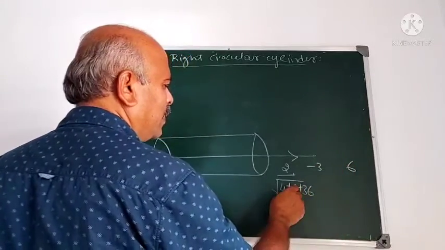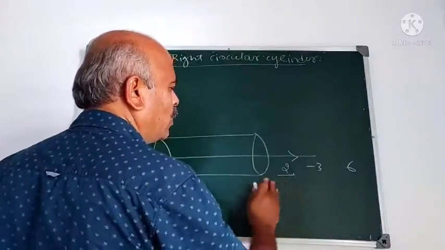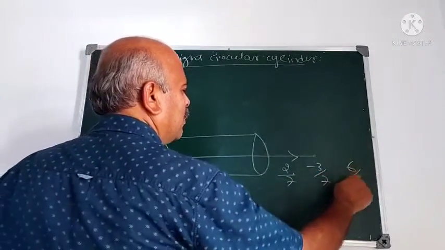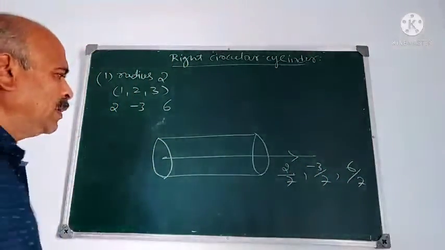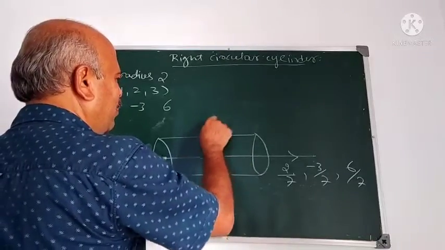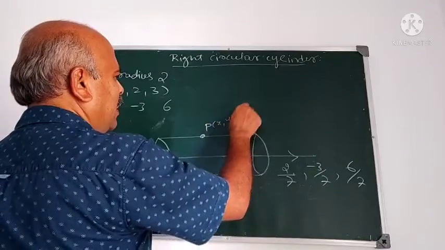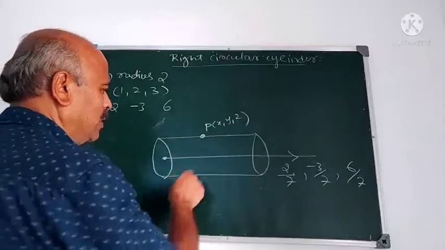What is this? 49, 7 it is. Therefore, 2/7, -3/7, 6/7 are the actual direction cosines of the axis of the cylinder. And I take any arbitrary point, say (x, y, z), on the cylinder. The cylinder is like this, it is the surface, three-dimensional it is.